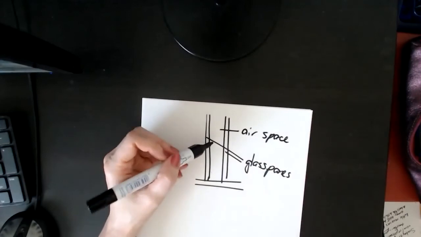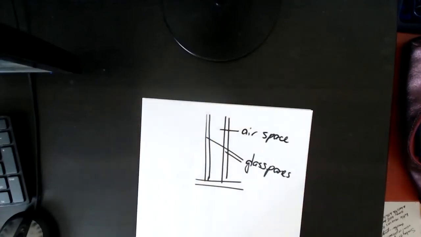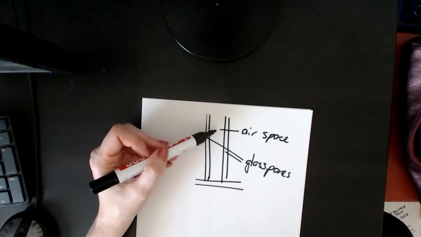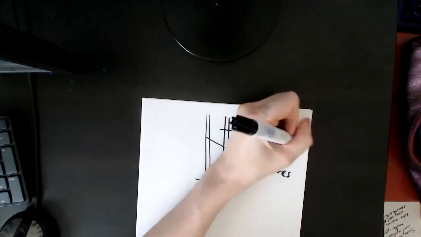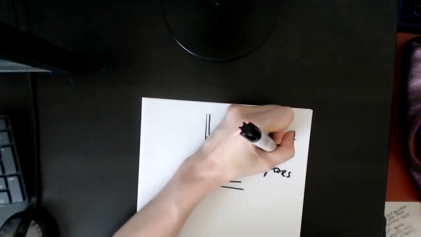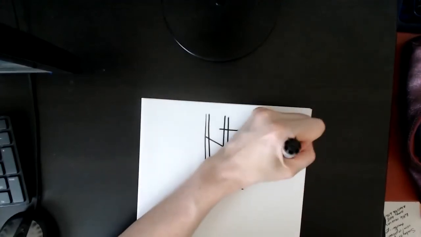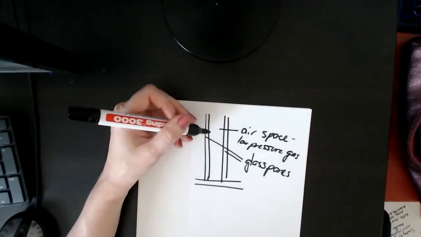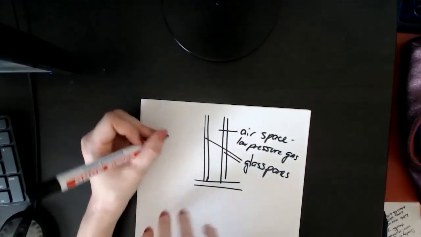Again, it's not fully solid, so you're reducing the likelihood of conduction. And having the airspace means that you could get convection. So instead, they put in a low pressure gas, and it doesn't stop it entirely. But low pressure means there are fewer particles around, and fewer particles means you're less likely to get convection currents.